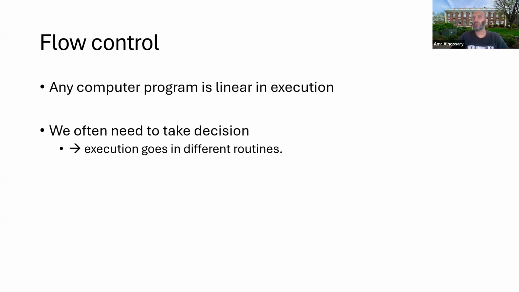So if you win the game, something will happen. If you lose the game, something else will happen. Or let's say if you win the exam, and if you lose the exam, two different pathways.